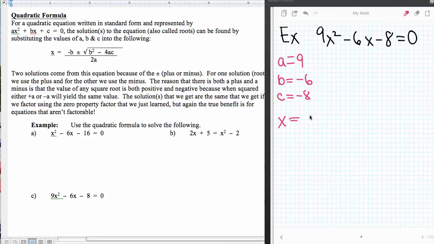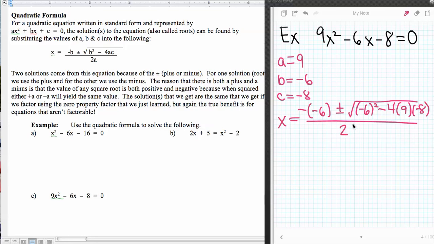My x is equal to the opposite of whatever b is, plus or minus the square root of negative 6 squared minus 4 times our a, which is 9, times our c, which is a negative 8, and then this is all over 2 times 9.